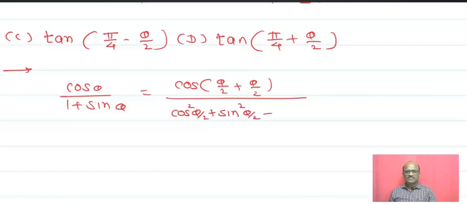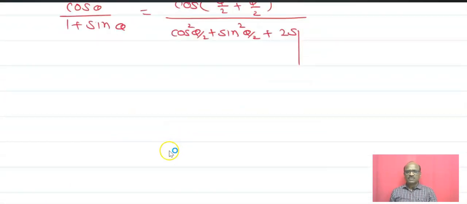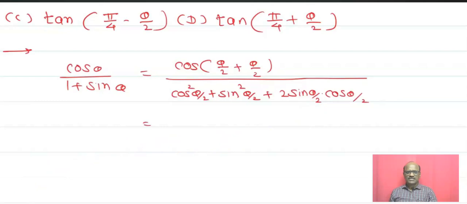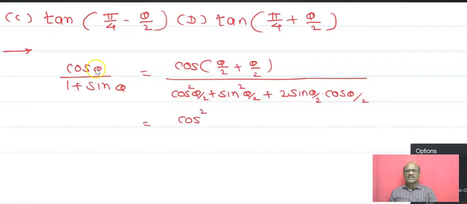And in the denominator, cos square theta by 2 plus sin square theta by 2, and this sin theta is nothing but 2 sin theta by 2 into cos of theta by 2. I will explain again. This theta is nothing but theta by 2 plus theta by 2, because theta by 2 plus theta by 2 is nothing but theta.